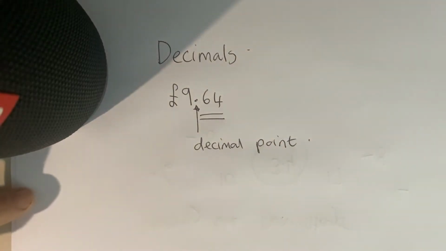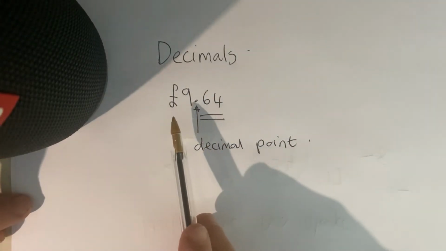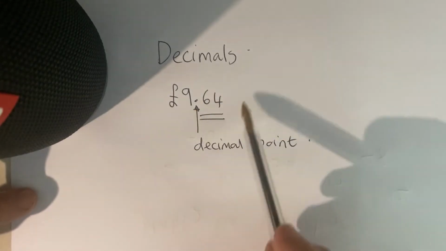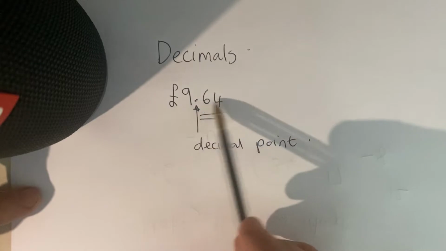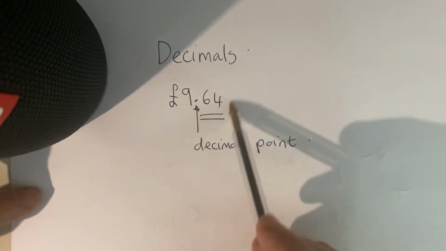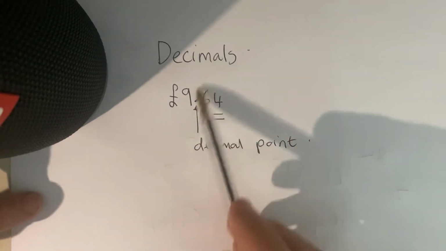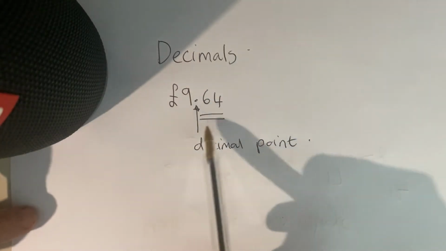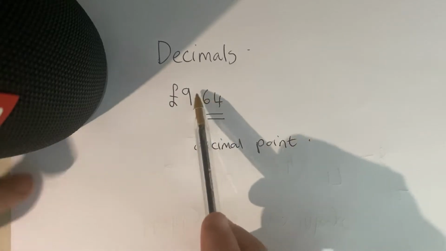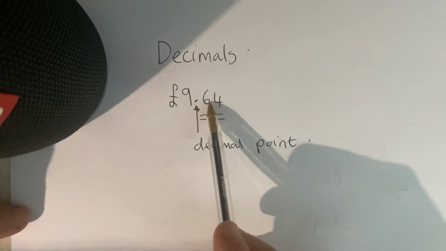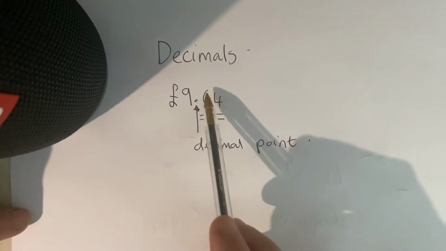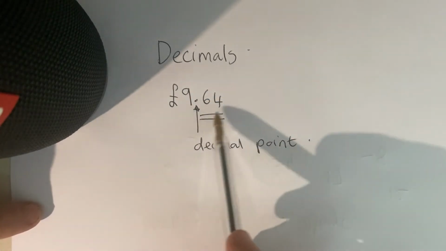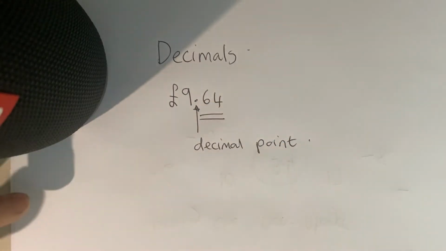That is what splits numbers between whole numbers and part numbers. When we look at 64 pence, we know that that's not quite enough to make up a pound, so the decimal number is not a whole number yet. It hasn't yet progressed to being whole. I shouldn't have used this as an example, because we wouldn't actually read the decimal number as sixty-four, we would read it as six, four. It's just in terms of pounds and pence that we've used it in this way.